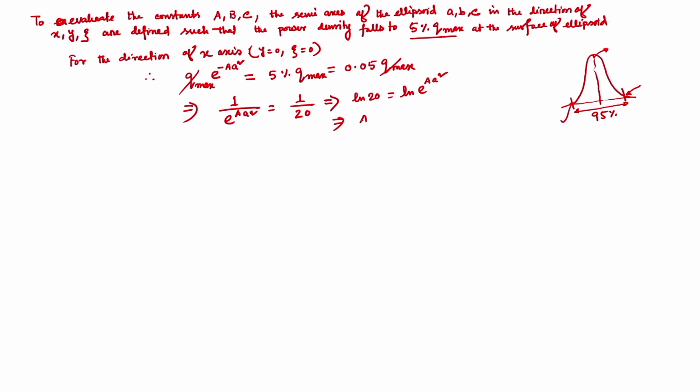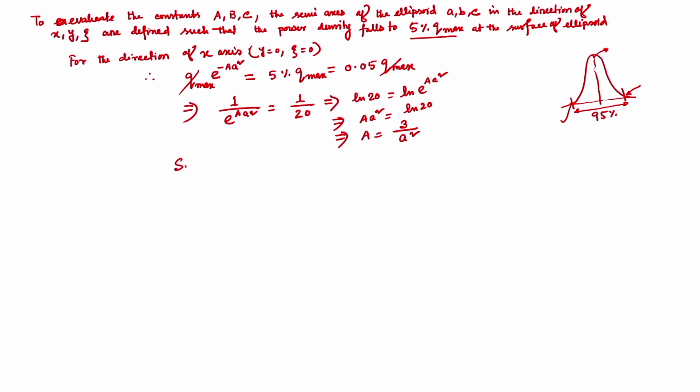So, A is equal to ln 20, which is approximately 3, divided by a square.